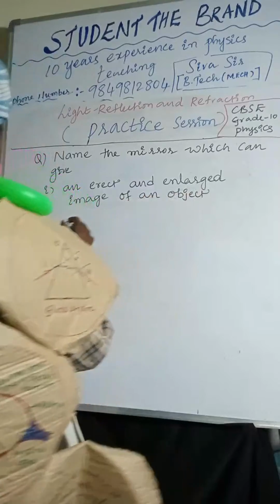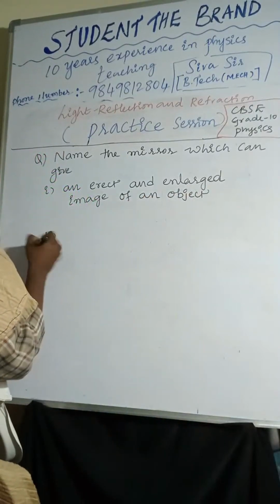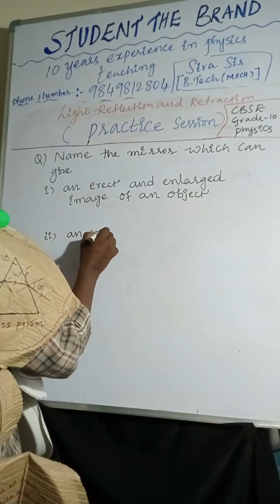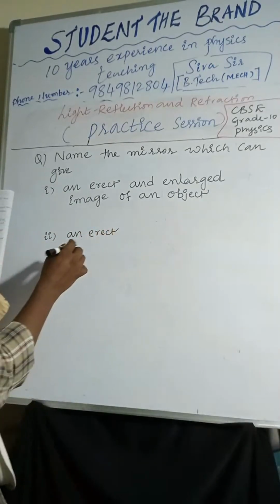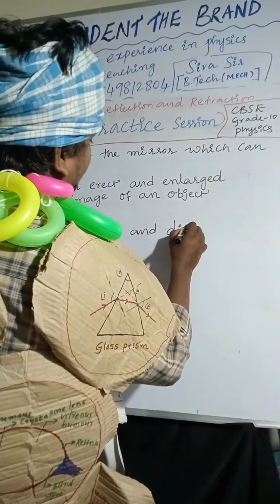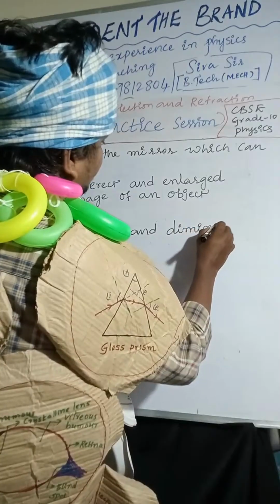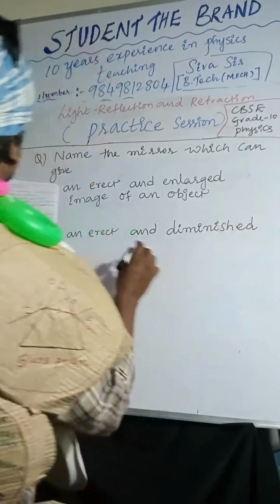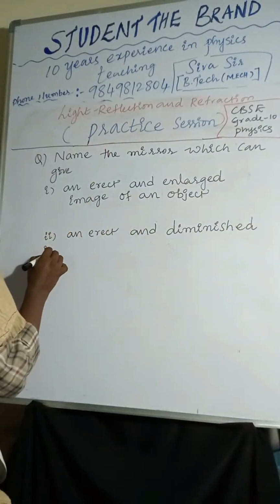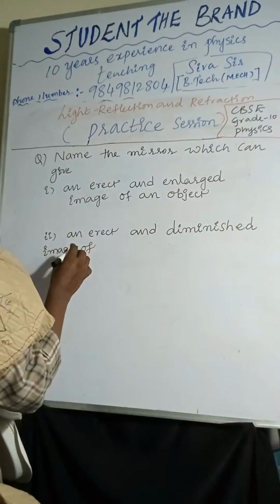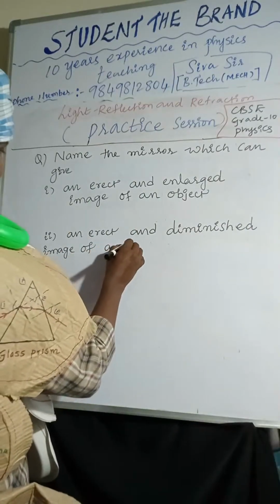Second one, an erect and diminished image of an object.